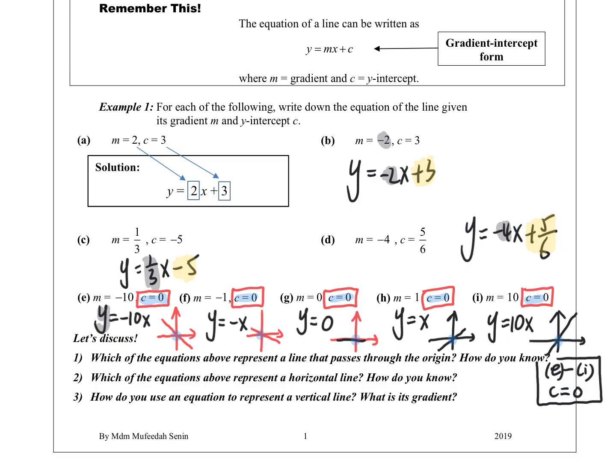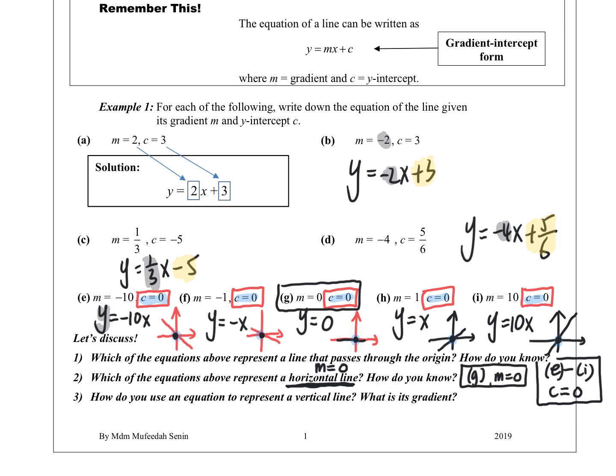When C is equal to 0, it cuts the y-axis at 0, so it passes through the origin. Then they ask you which equation represents a horizontal line. Horizontal line means the gradient must be 0. So if you look at all the equations, only G, because M is 0.